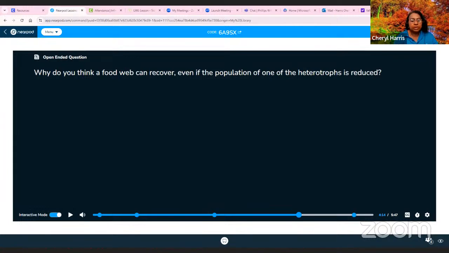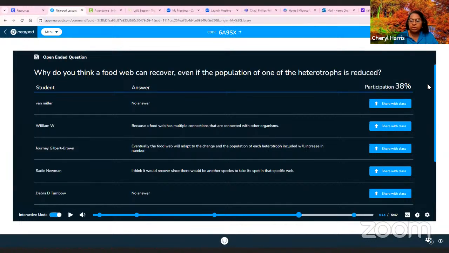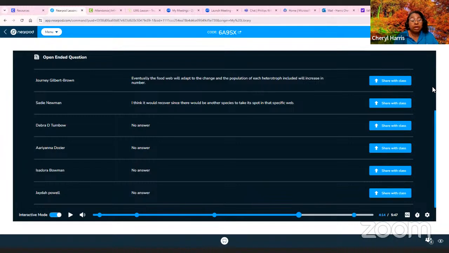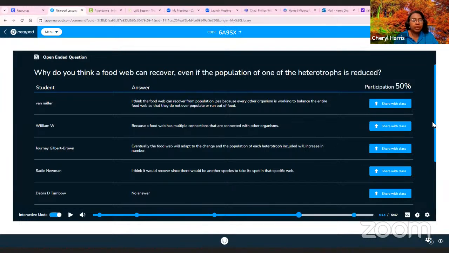All right, let's look at some of these answers. If you don't have an answer up here, I still need you to answer. I think the food web will recover from population loss because other organisms work to balance the entire food web.